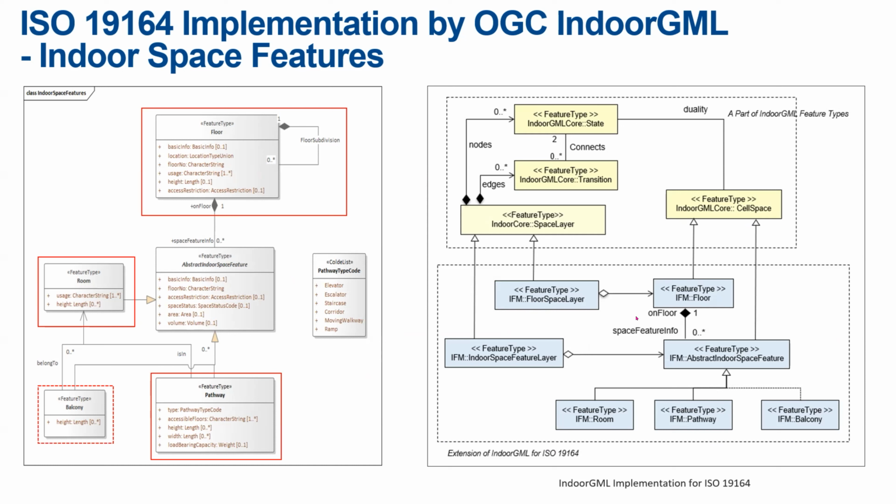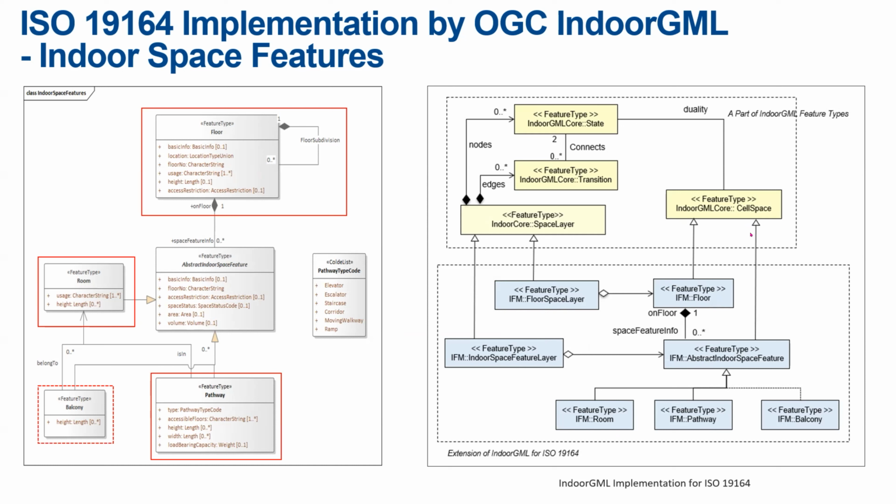For floor, we define a space layer of floor, and for space features, we define indoor space feature layers. By using the floor space layer and the indoor space feature layer, we make a collection of floors and a collection of indoor space features, which are actually rooms, pathways, or balconies.